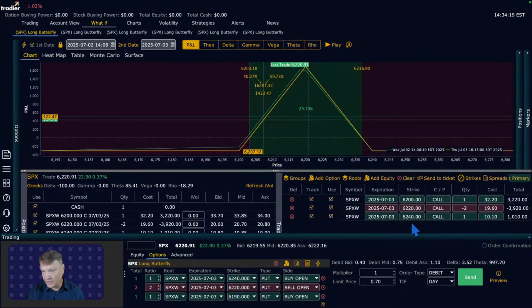Now I'll just show you the strikes here. Today is the second. These are the third. It would be better if I would have done this right on the open and used those type of quotes, but they're going to be a little bit cheaper because we have more time premium in the option contracts, right?